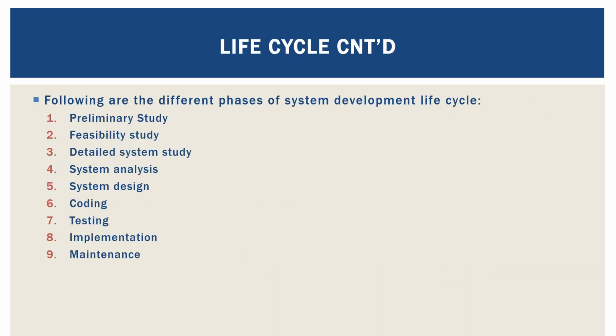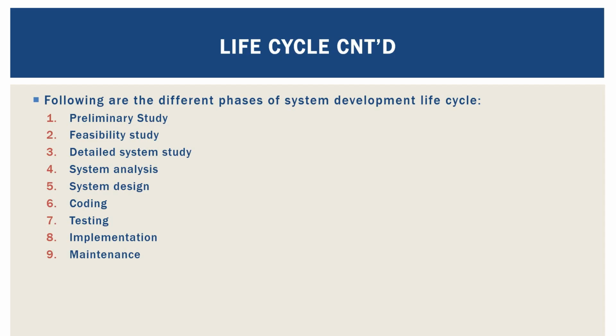So what are the phases of the SDLC, the system development life cycle? These are the stages of the software development life cycle. Number one, preliminary study. Number two, feasibility study. Number three, detailed system study. Then we also have systems analysis, system design, coding, testing, implementation, and maintenance.